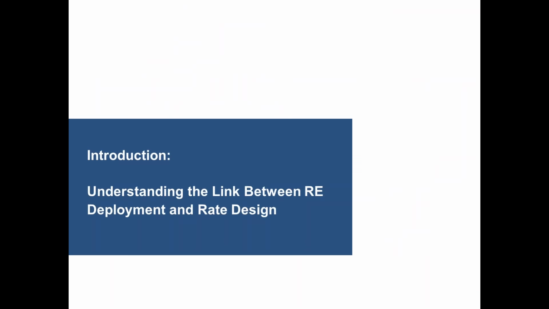So this was just a general introduction, so that you are aware of the fact that yes, there are differences in what rate design actually covers in fully liberalized and vertically integrated markets.